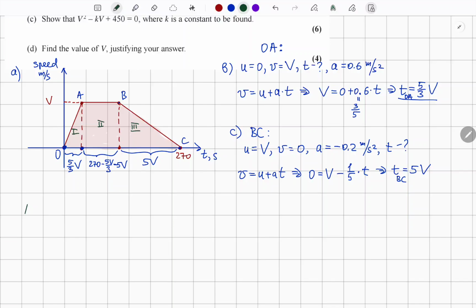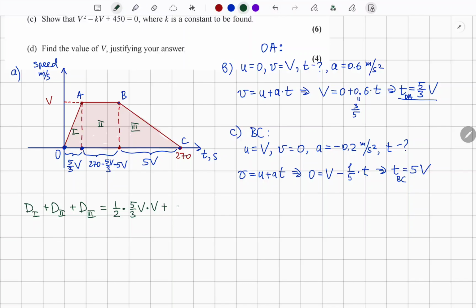So area of the first part, distance 1, plus distance 2, plus distance 3, is equal to, okay, the first area is the area of the right angled triangle, a famous formula, half times 5/3V, the horizontal leg, times V, the vertical leg of the right angled triangle.